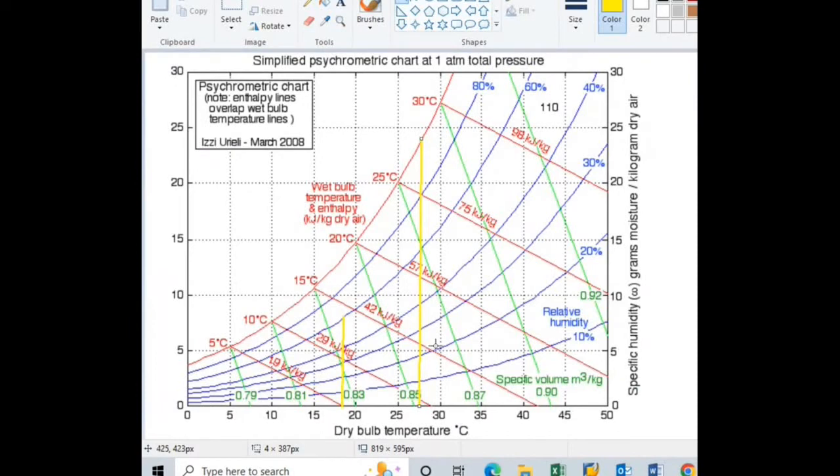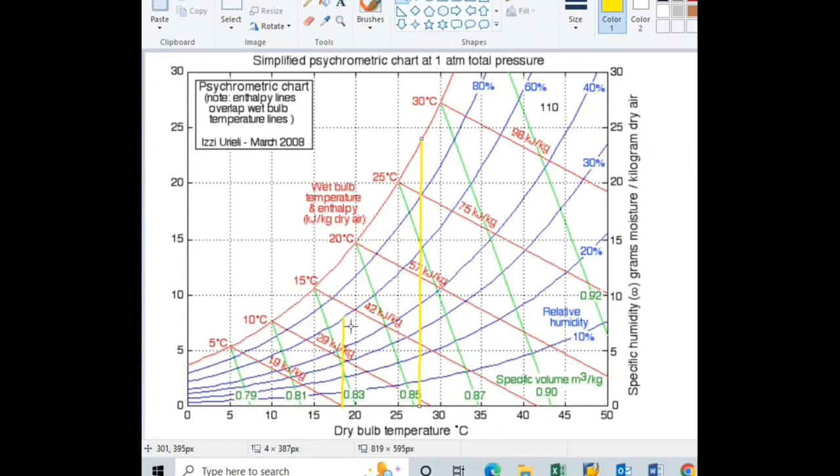So the same line indicates the enthalpy as well as wet bulb temperature. Now for this point 1, if I draw here one parallel line to this enthalpy line, then what is the value? It is slightly below this 42 kilojoule per kilogram. So we can say that it is 38.87 kilojoule per kilogram. That is the value for this enthalpy at point 1.